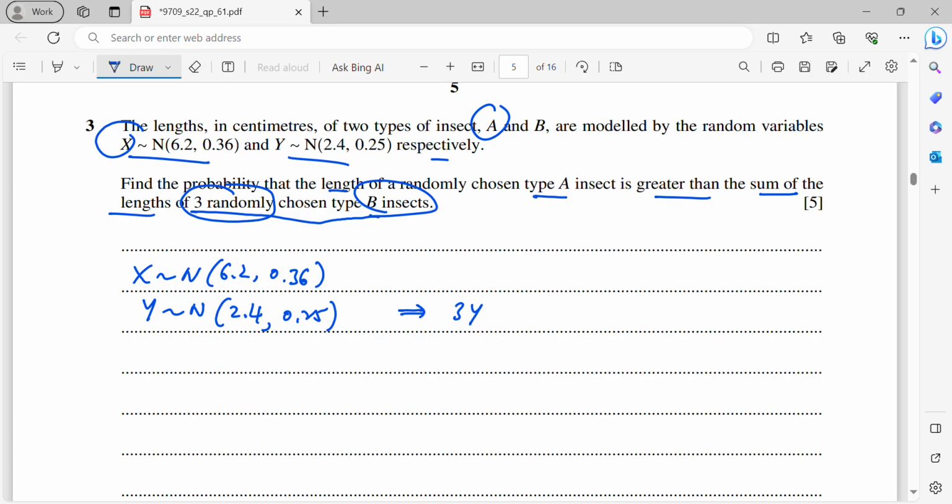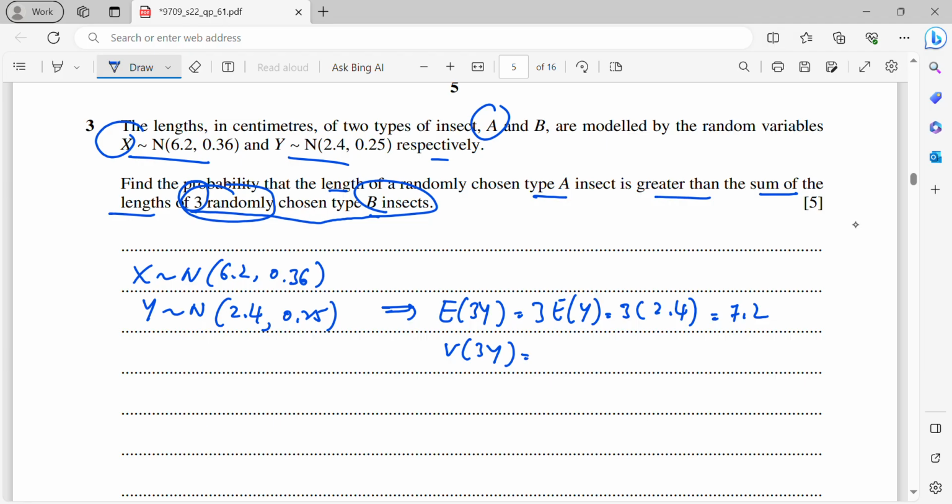I will get the expected value first, then it will be easier. The expected value of 3Y is 3 times E(Y), which is 3 times 2.4, so I will get 7.2. Now the variance of 3Y is the sum, because of 3 same types, therefore it is just the total.